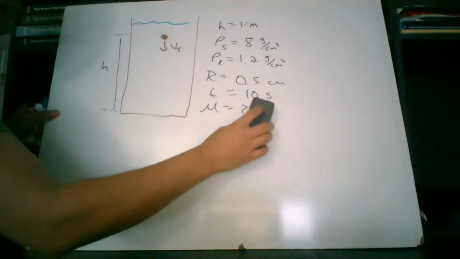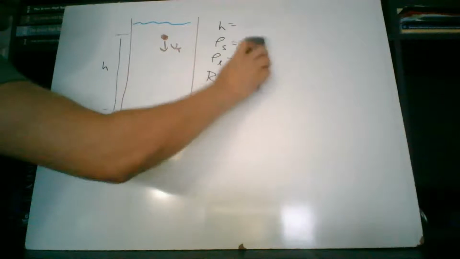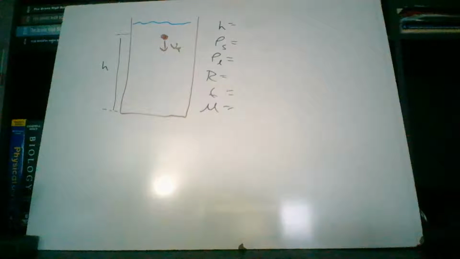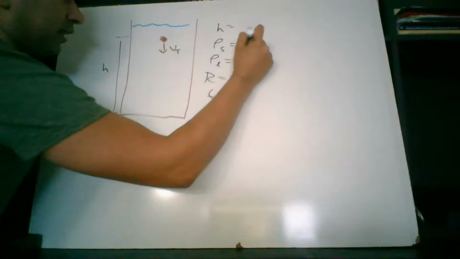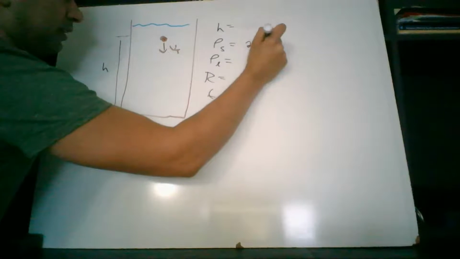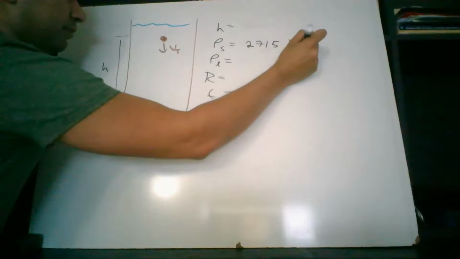We are asked to find the terminal speed, and what we're given is the density of the solid, 2,715 kilograms per meter cubed.